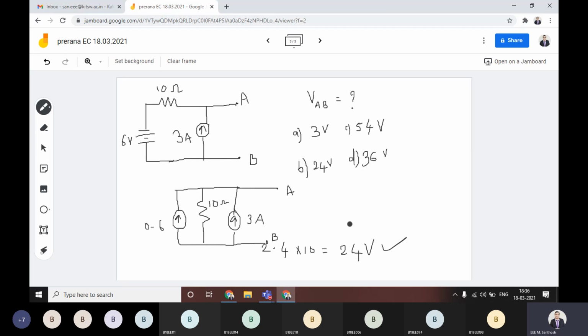There, when you are doing like this, if you are adding two currents, you can see if you assume this point, both are in the same direction, right?